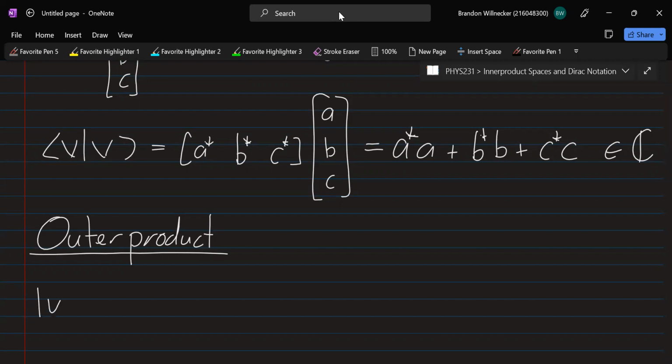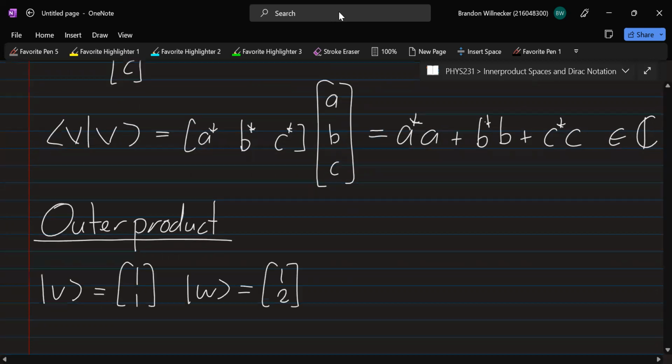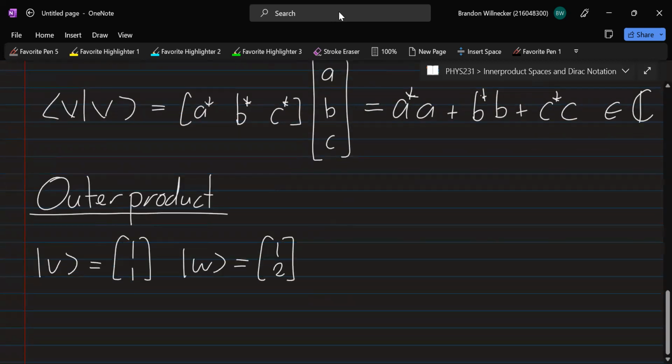So let's say V is equal to 1, 1, and W is equal to 1, 2. Currently, these are both kets, both column vectors. If we want to do the outer product, one of them must be a bra and the other one must be a ket.